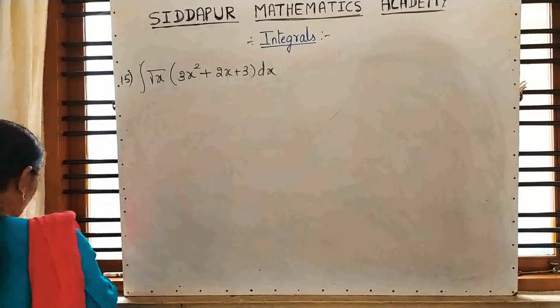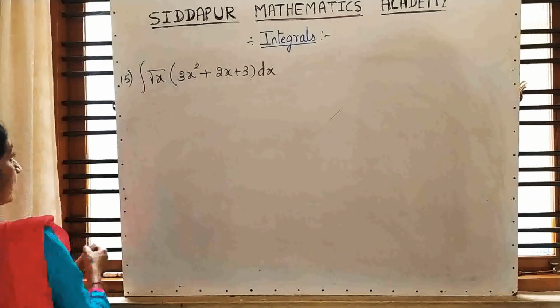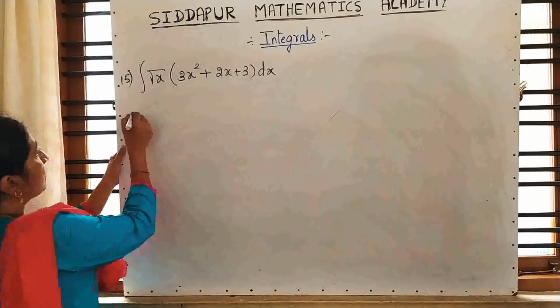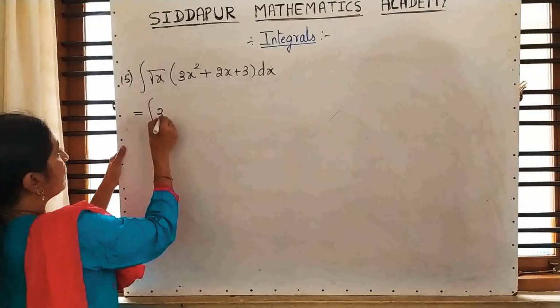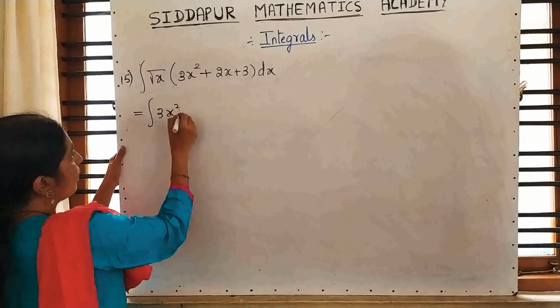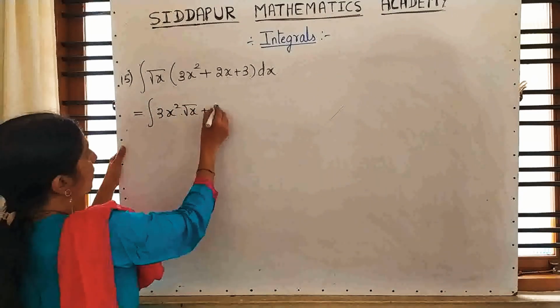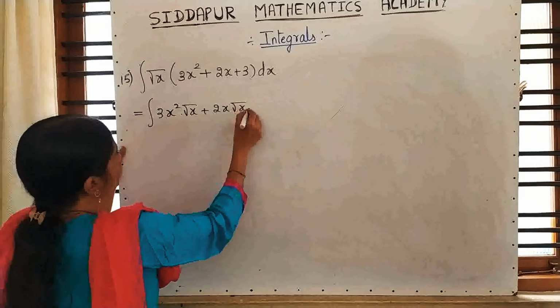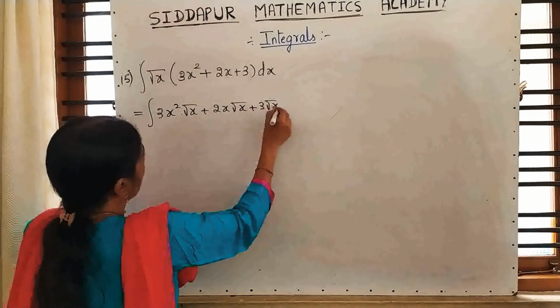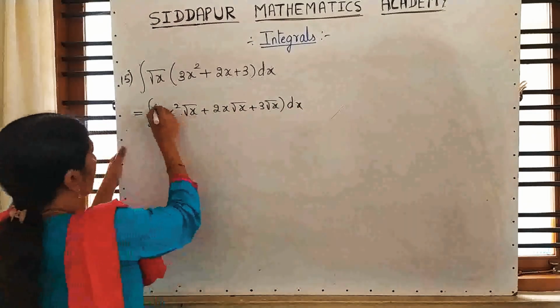First simplify that. This is 3x square into root x plus 2x into root x plus 3 root x dx.